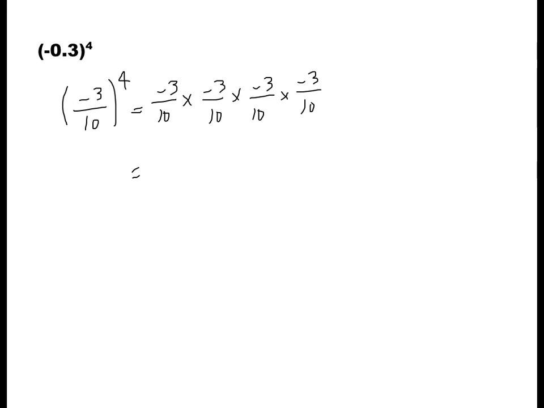Now, negative times negative gives you positive, times negative gives you negative, times negative gives you positive. So the answer is positive. Now, 3 times 3 is 9, times 3 is 27, times 3 is 81. 10 times 10 is 100, times 10 is 1,000, times 10 is 10,000. So the answer is 0.0081 without using calculator. If you use a calculator, you will get the same answer.